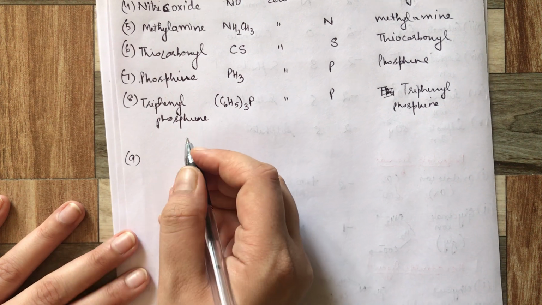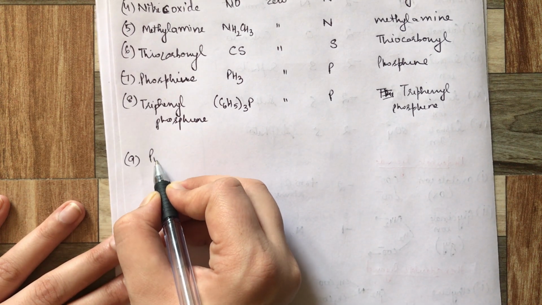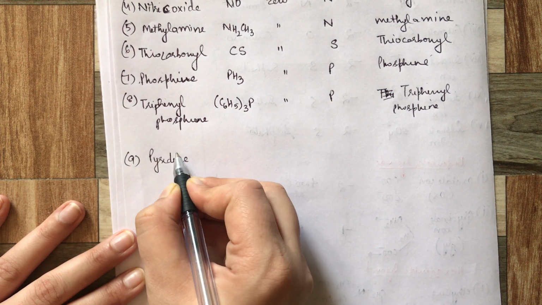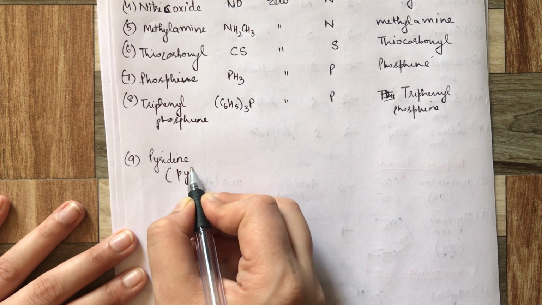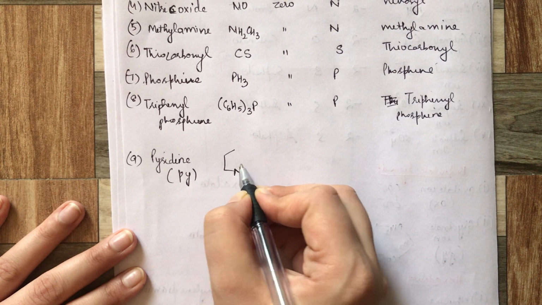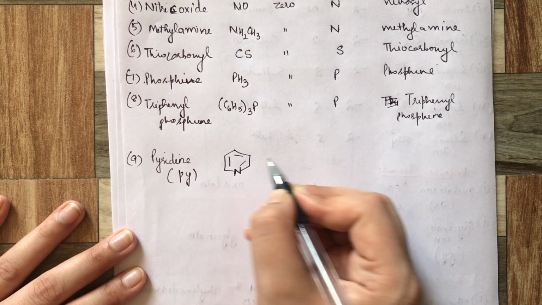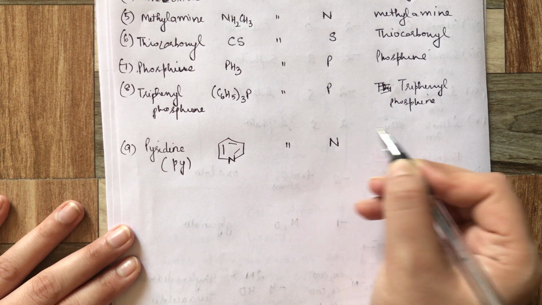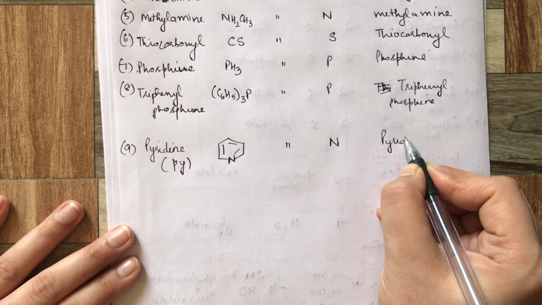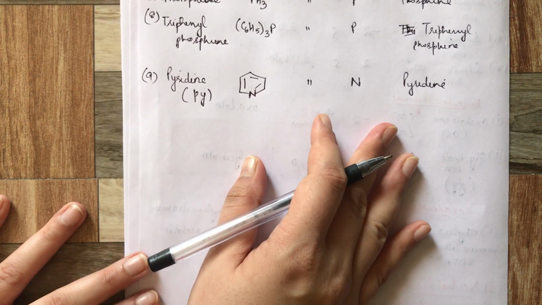Now we talk about the ninth one, which is pyridine, represented by Py. It is an aromatic ring. The oxidation state is 0, donor atom is nitrogen, and it will be called pyridine.